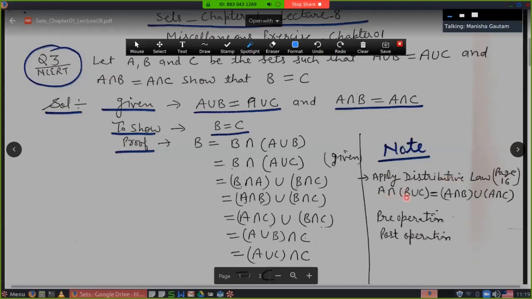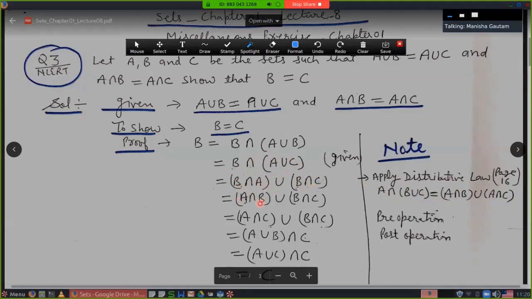And here B intersection A union C can be written, by applying the intersection operation on A and C both, as B intersection A union B intersection C. Now apply the same distributive law on B intersection A union C: B intersection A, then union, and apply again B intersection C.